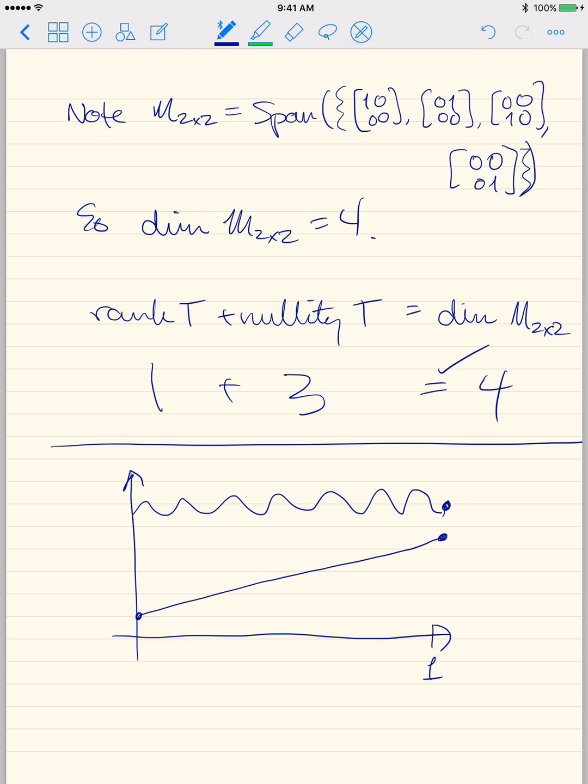Here, you can't think of a vector as just a point because it's got a lot of data in it. It's telling you the value of the function at all these points between 0 and 1, which means if you want to see what it looks like, you have to draw a graph. And that means that you can't visualize the whole vector space all at once. It's way too huge. But you can still visualize individual vectors.